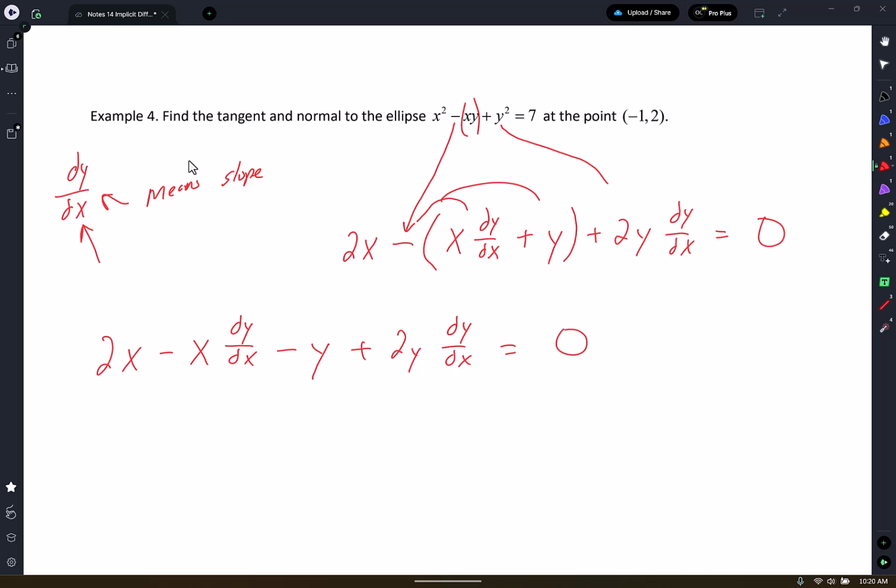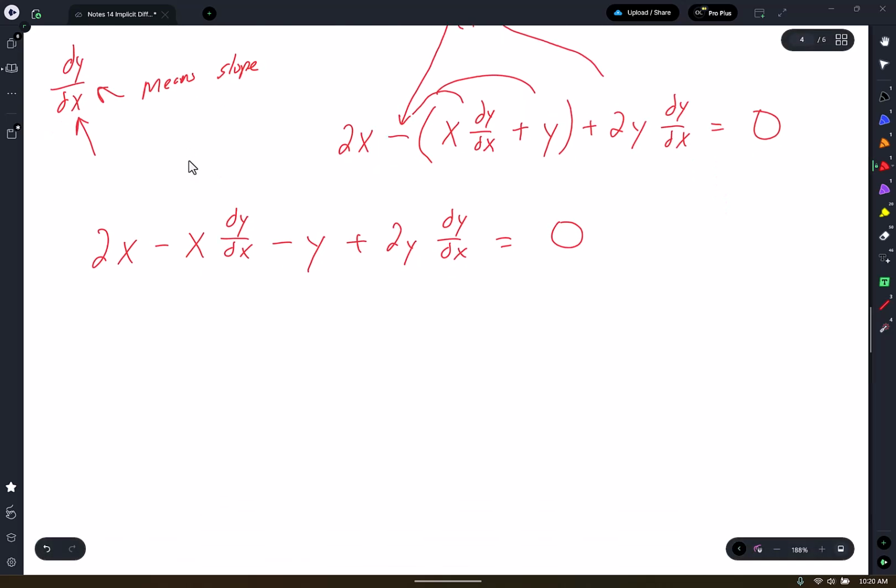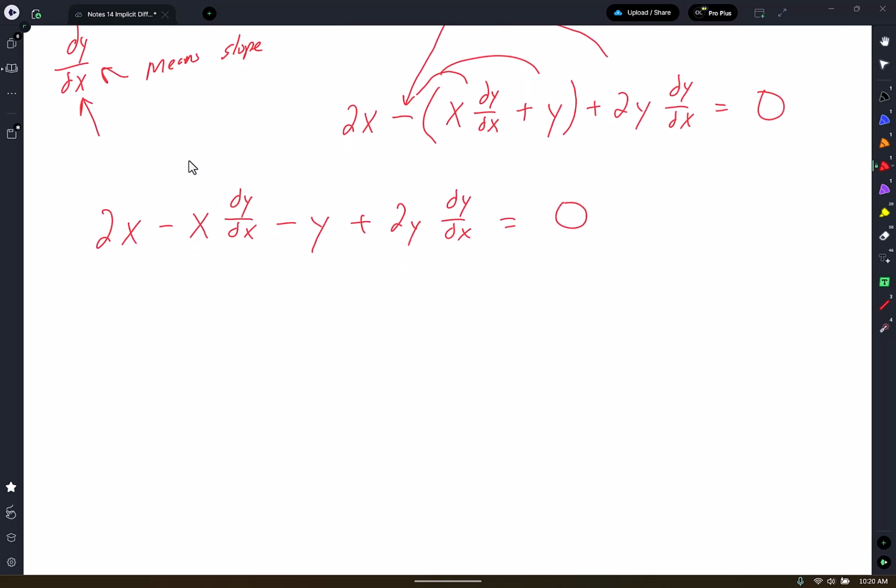Okay, anything that does not have a dy/dx, I'm moving it to the right of the equal sign, so it's going to change signs. I like to have positives in the front, guys, so I'm going to write the 2y dy/dx first. 2y dy/dx minus x dy/dx equals positive y, because I like to have positives in the front, minus 2x. Yeah, you can say negative 2x plus y.